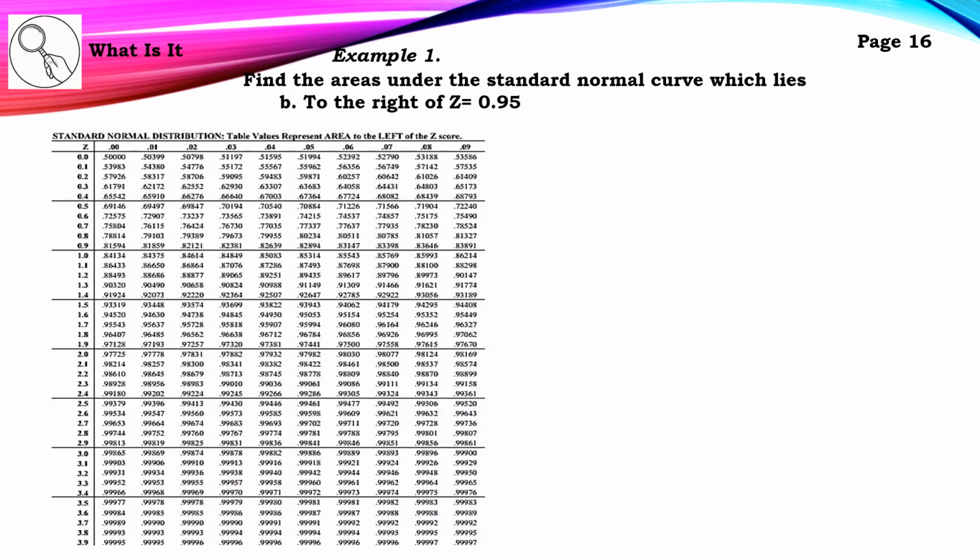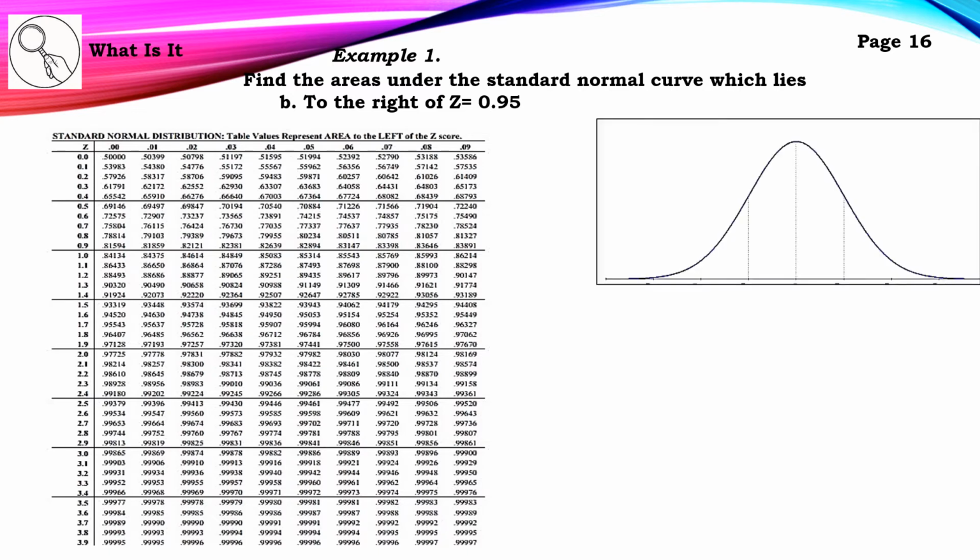Okay, for the second example, to the right of z equals 0.95. First step is to locate 0.95 under the normal curve. Assuming that it is located on this area.